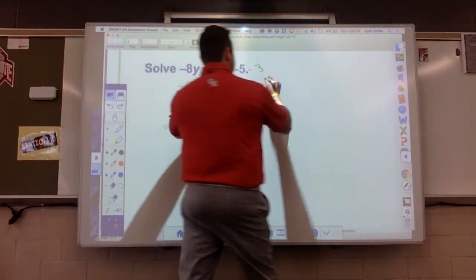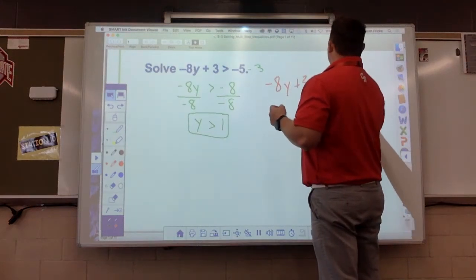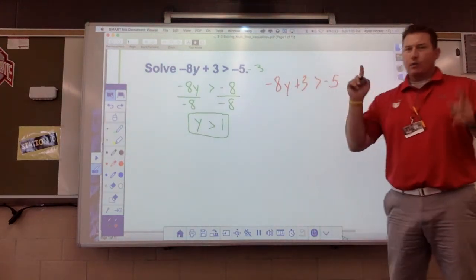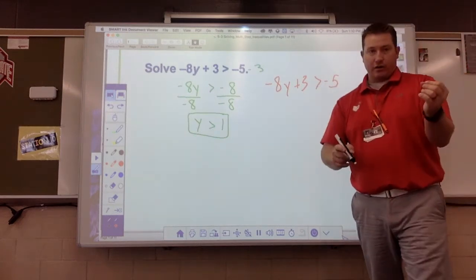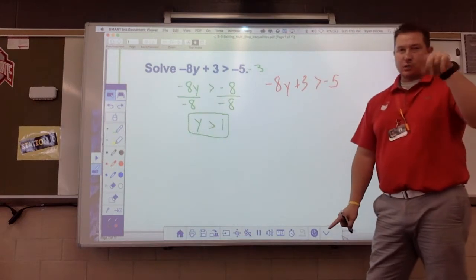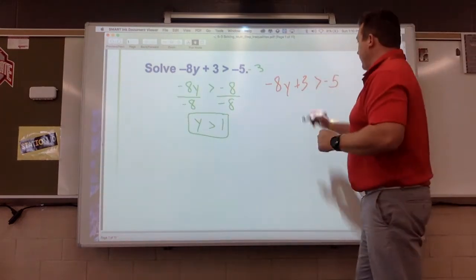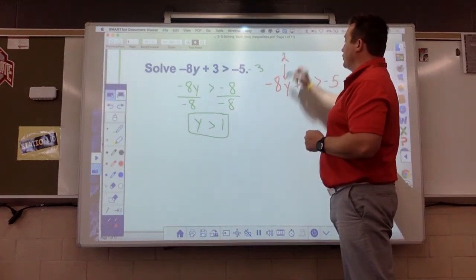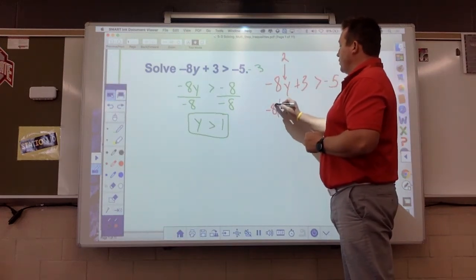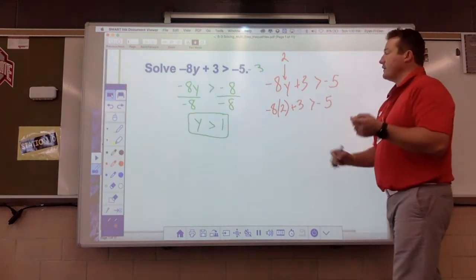So guys, if we take this inequality, negative 8y plus 3 greater than negative 5. Again, we should be able to take any number bigger, right, than 1. Can't pick 1 because it's y greater than 1. How about 2? You guys think 2 is good? Okay, so we replace y with 2. So now this looks like negative 8 times 2 plus 3, and this is going to be bigger than negative 5, okay?